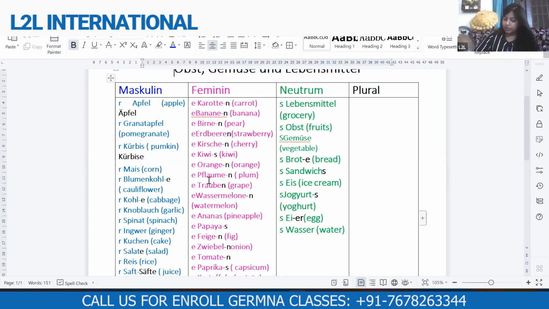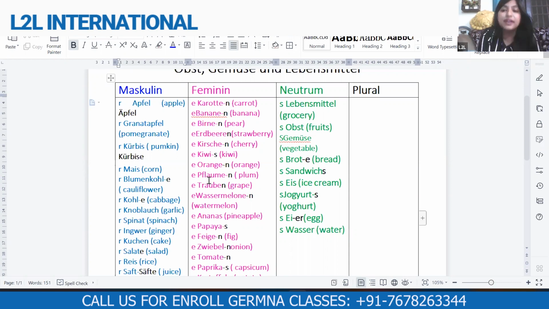Sana, what did you make the plural for Kürbis? The Kürbisse. Yeah, correct. Der Kürbis, die Kürbisse. Samriddhi, please keep on noting down the nouns, the plural as well.